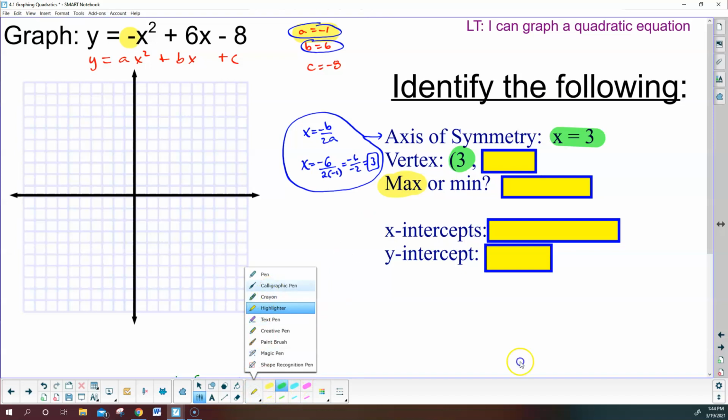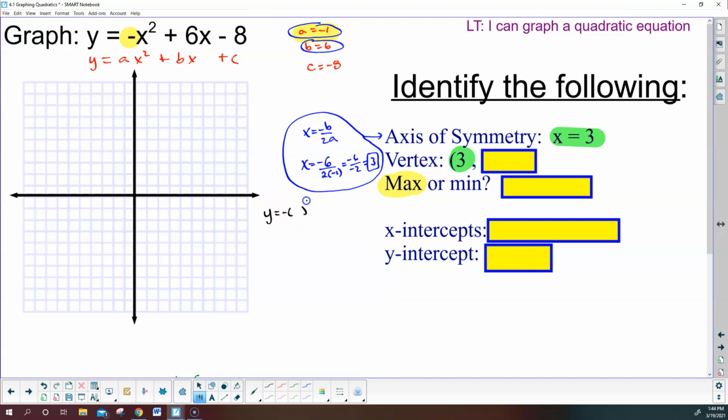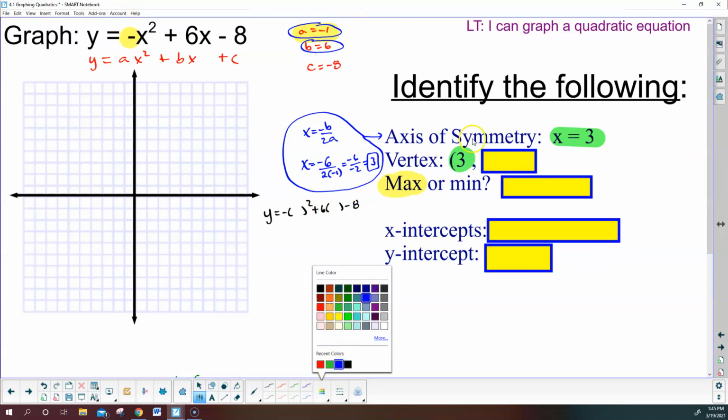And anytime you're looking for just a single value, all you're going to do is take the given equation and you're going to plug in x equals 3.